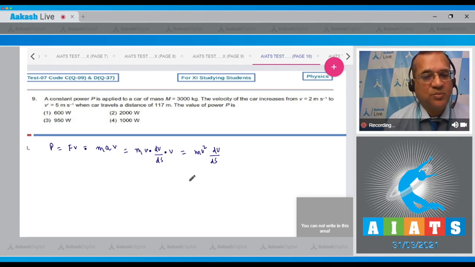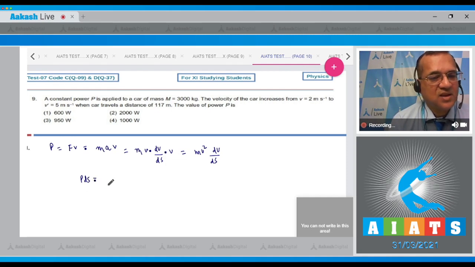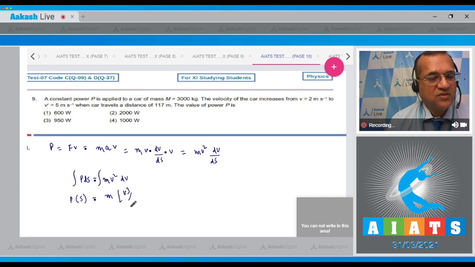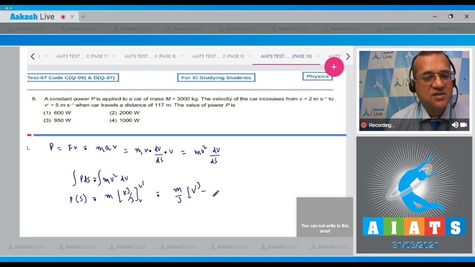Now to get the value of P, that means P into ds is equal to m v square into dv. So we'll integrate on both sides. P constant goes out and this is the distance s, and this is m and v square means v cube by 3, from v to v prime, and that is equal to m by 3 into v prime cube minus v cube. So P you have to find out. So P is equal to what?